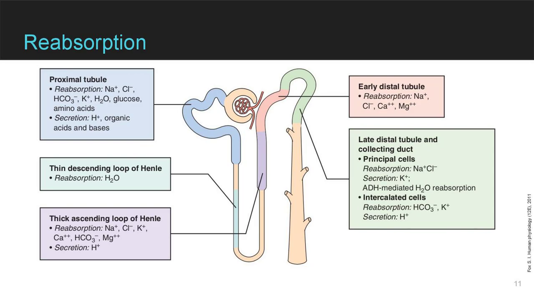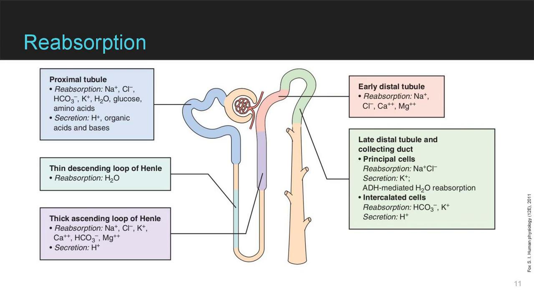Reabsorption, the second stage of working of nephron. Here you can see sites of the nephron colored by different colors. In the proximal tubule are reabsorbed sodium, chloride, potassium ions, water, glucose, amino acids, and secreted some amount of hydrogen atoms and organic acids.